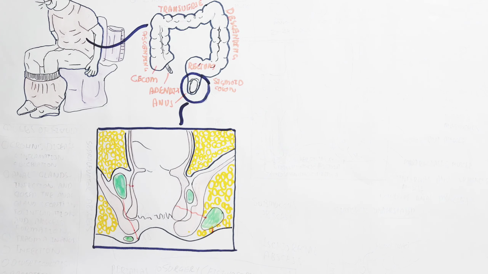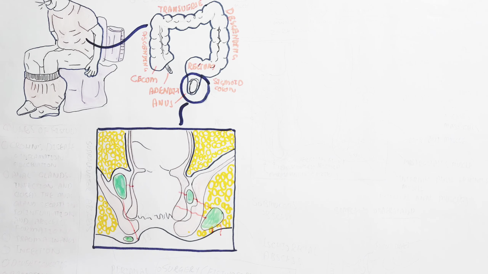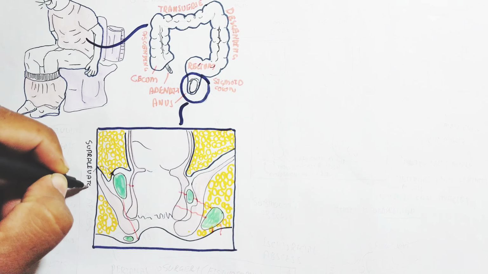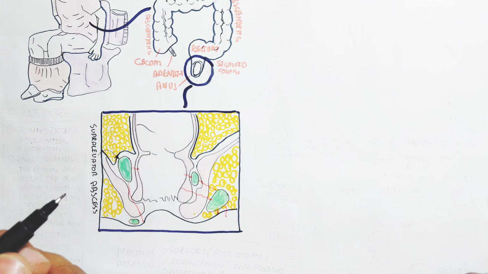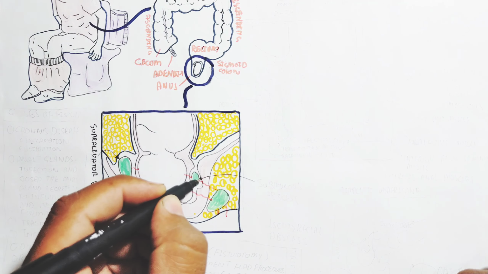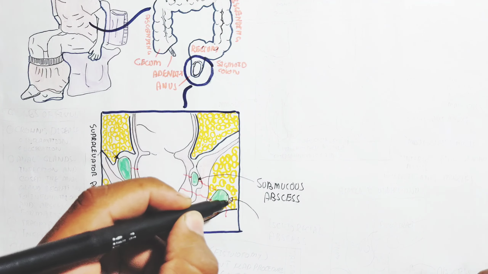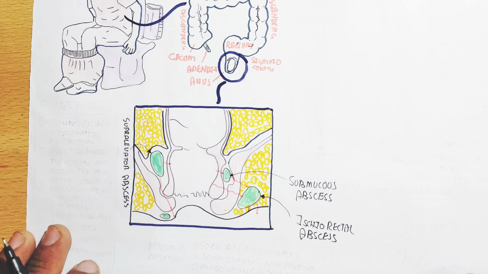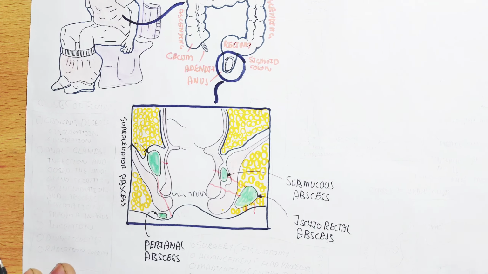So here is the structure of the anus and rectum, which contains the abscess. There are different types of abscesses, like supralevator, perianal, submucous, and ischiorectal abscesses, which basically drain the exudation, the external drainage of the pus.